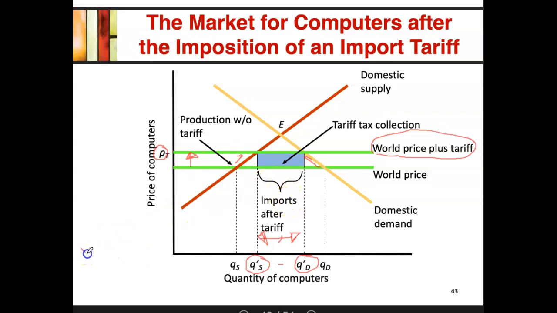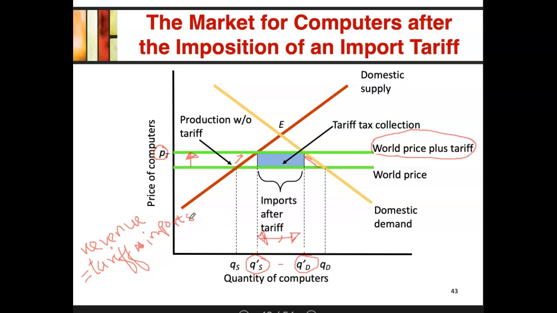So the revenue equals the tariff imposed times imports. Okay, so that's the amount of revenue to the government.